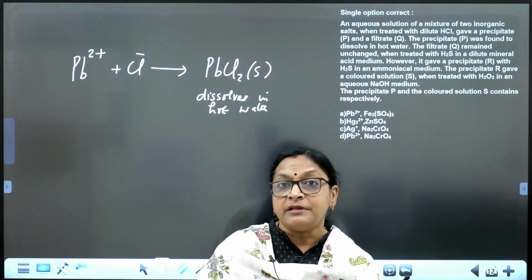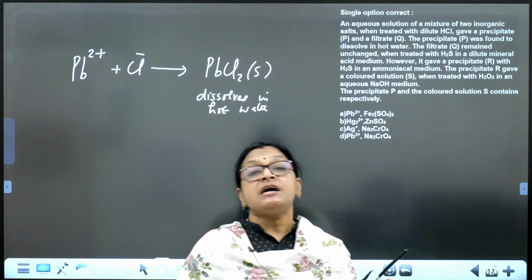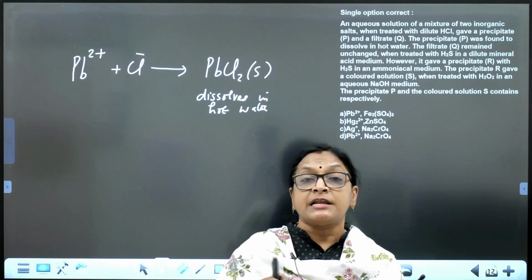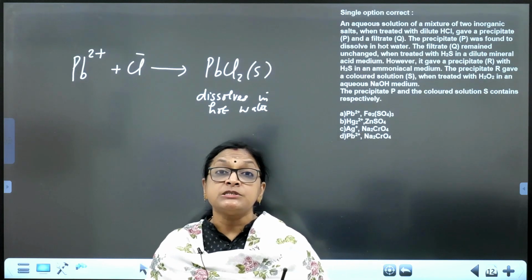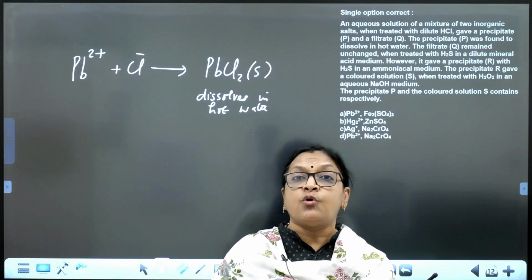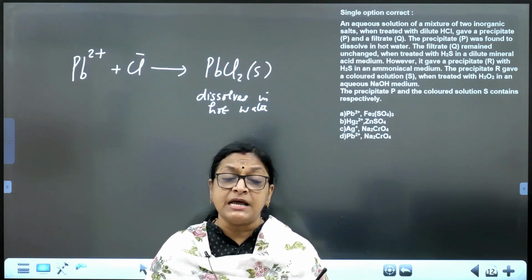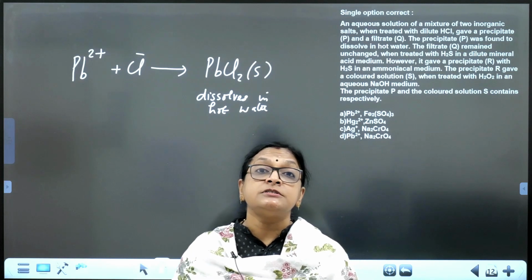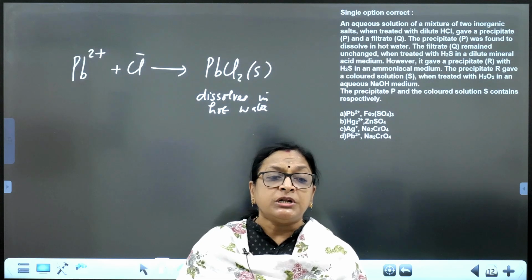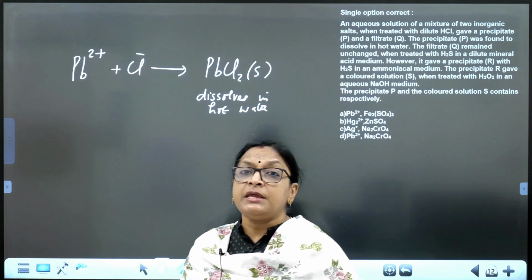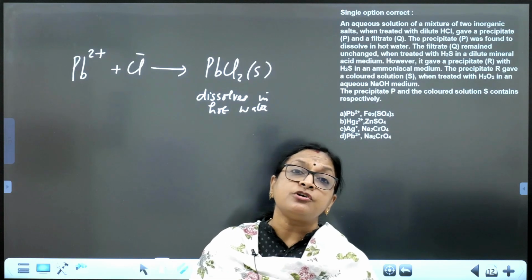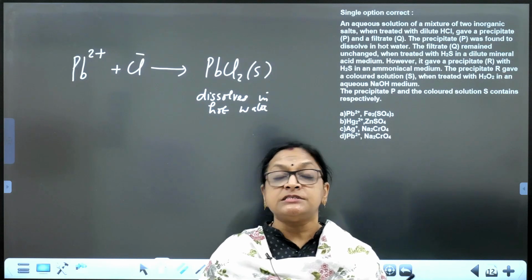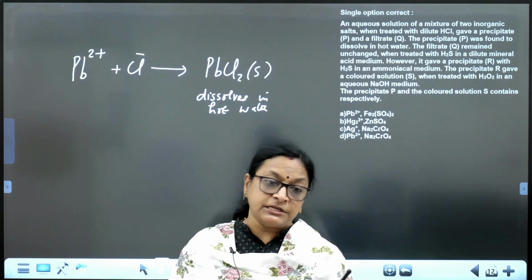So whichever cation is present in the precipitate is oxidized by H2O2 in alkaline medium. An oxidizable species must be present there, which forms a colorful solution. So when you go to the options, it cannot be ferric, because ferric is not oxidized by H2O2 in alkaline medium. And zinc, Zn2+, is not going to give a colorful solution.